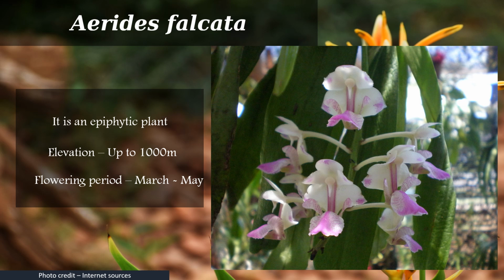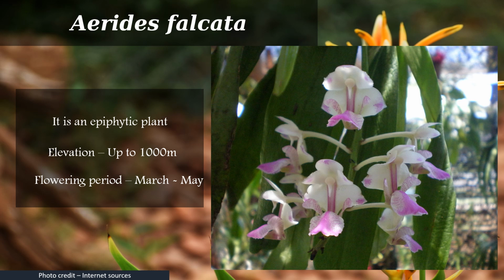It is very different from another Aerides species. The dorsal sepal is broadly ovate or suborbicular, and the lateral sepals are broadly ovate, with the base completely adnate to the column foot, and the petals are smaller than the sepals.